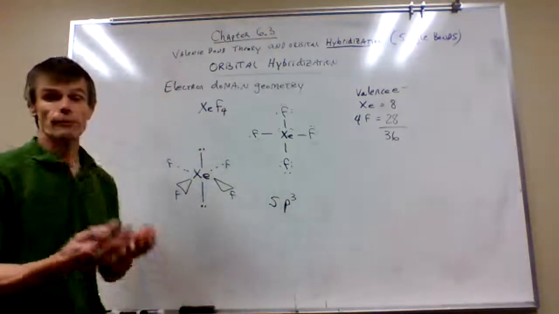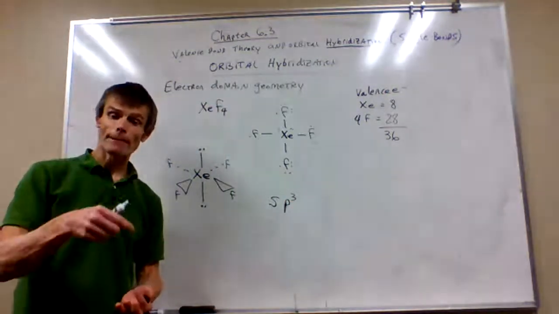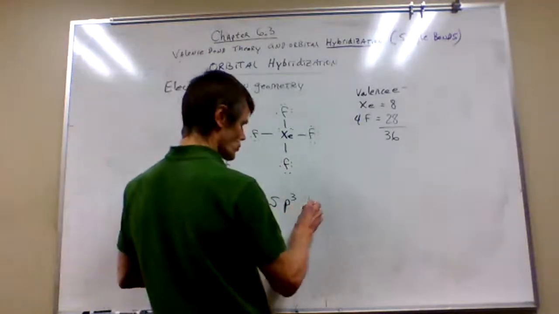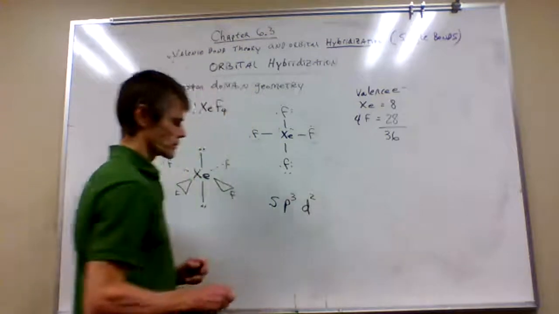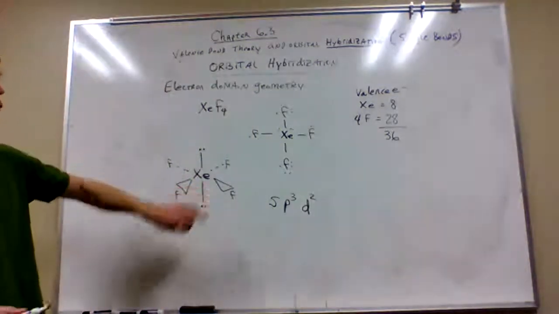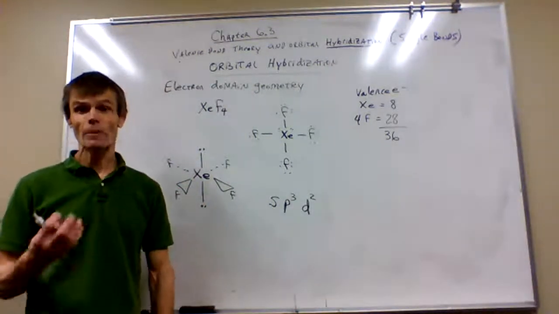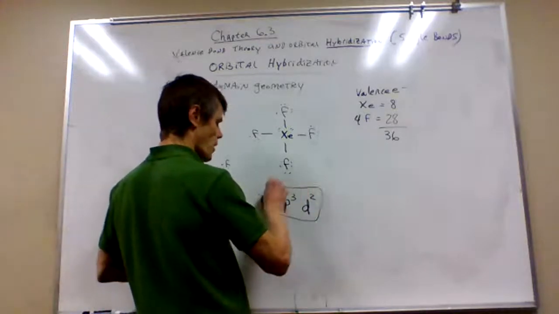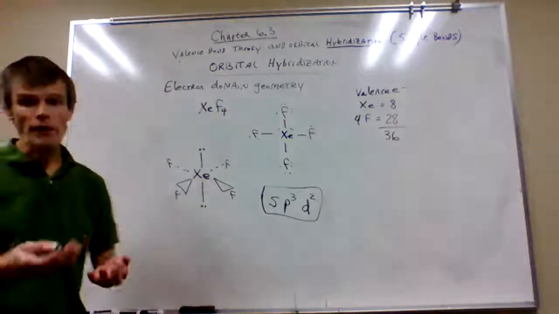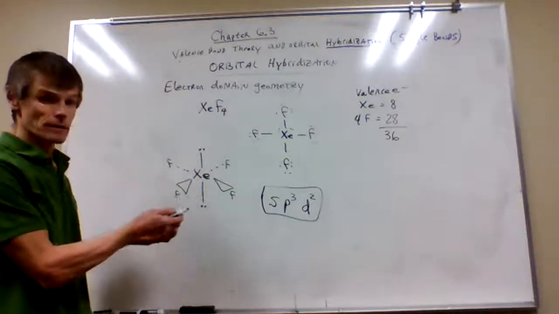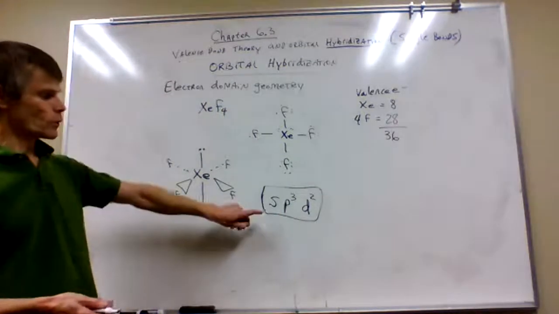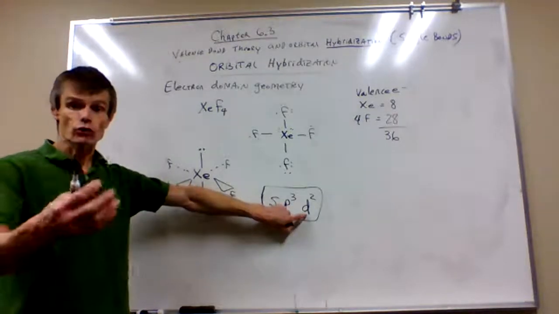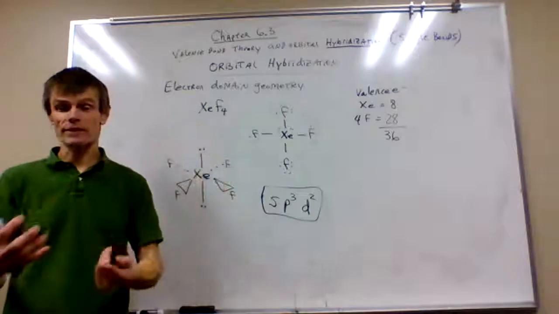So right now we have 4 equivalent orbitals, but remember, xenon also has available d orbitals. We can borrow 2 d orbitals. So notice this has an octahedral electron domain geometry, and we would expect or hypothesize that the possible hybridization to meet these equivalent orbitals will involve 1 part s, 3 parts p, and 2 parts of the d orbitals that xenon has.